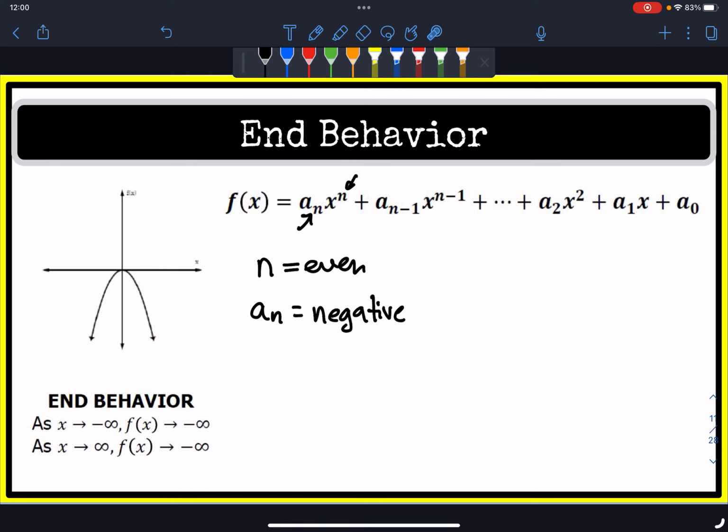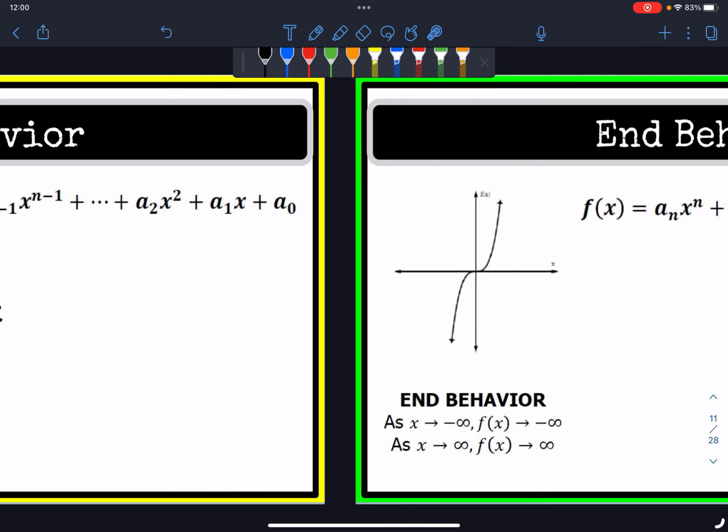So any polynomial where the largest exponent is an even number and its coefficient is negative is going to behave like this power function, where the left end is going to be approaching negative infinity, and on the right end it's also pointing downwards. The function values are decreasing without bound. And the same thing is true here.